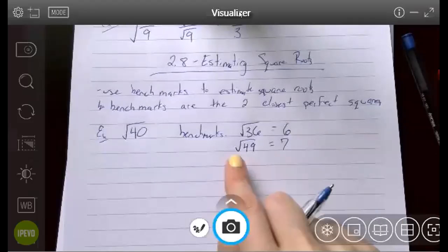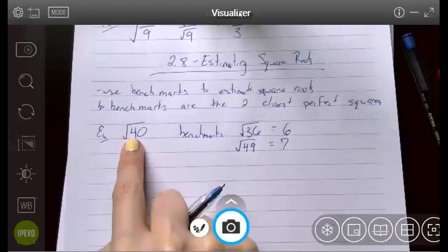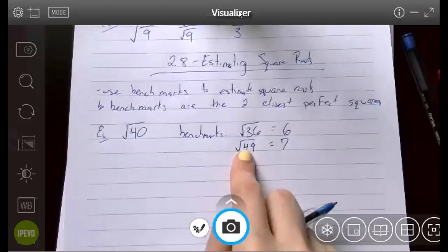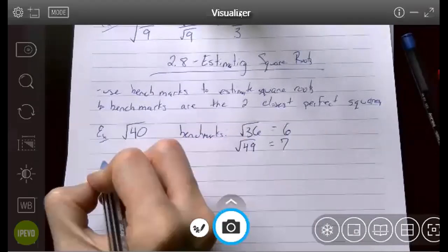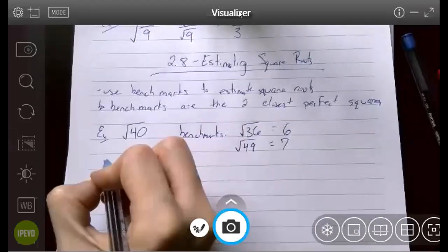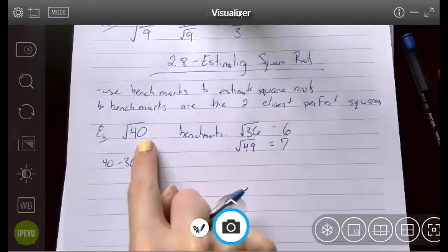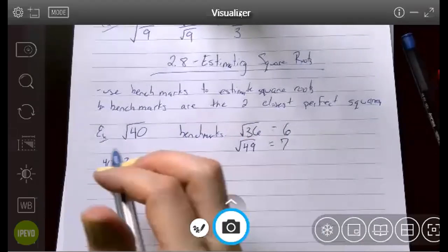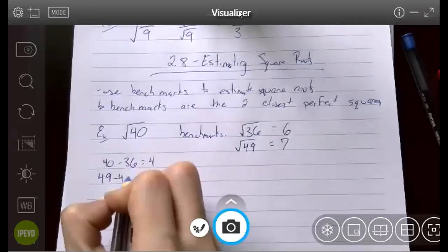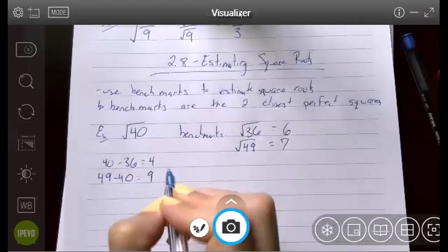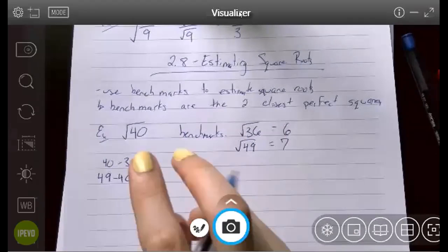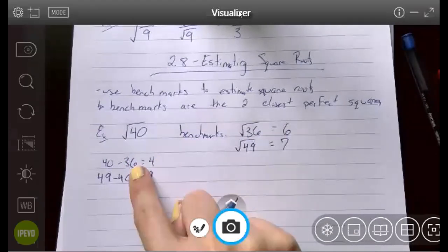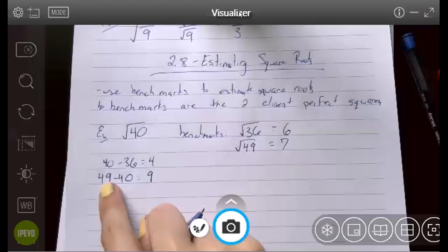What we're then going to do is see how far away 40 is from our 36 and our 49, our two perfect squares. So 40 minus 36 is 4, so 40 and 36 are 4 units apart. And then between 49 and 40, we have 9 units. So 40 is closer by quite a bit to the 36 compared to the 49.